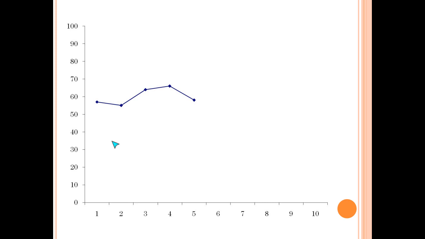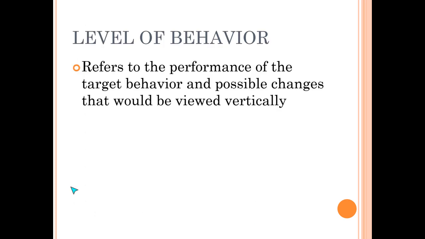Good. Then the same phenomena are being talked about, level and trend. Level refers to the performance of the target behavior and possible changes that would be viewed vertically. I've already mentioned that. So we can use a different scenario here: a high frequency behavior, number of errors to start out with.